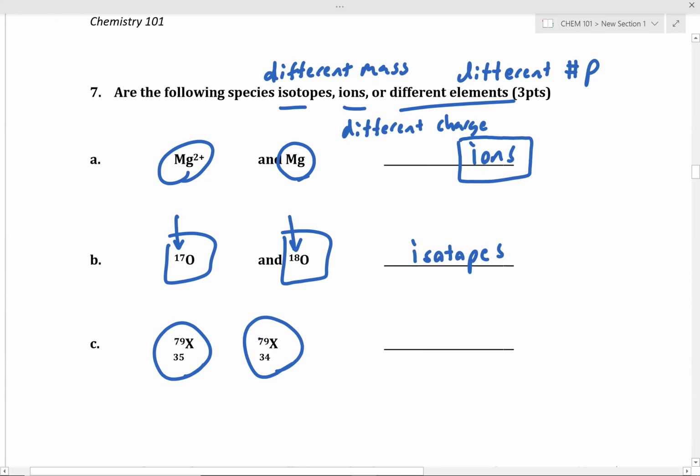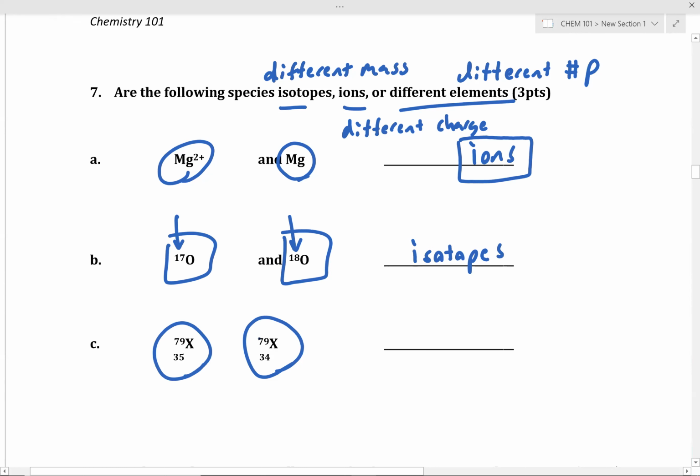Well, if we add up the percentage of isotope 2 plus the percentage of isotope 1, what should our abundances add up to for a 2-isotope system? 100, exactly. So then we can solve for the percentage of isotope 2. The percentage of isotope 2 is equal to 100% minus the percentage of isotope 1, which is 7.59%.